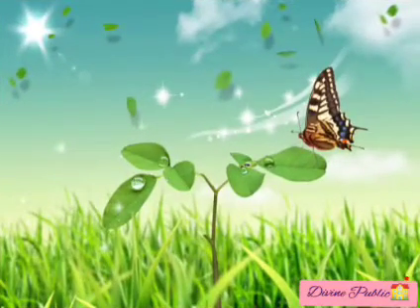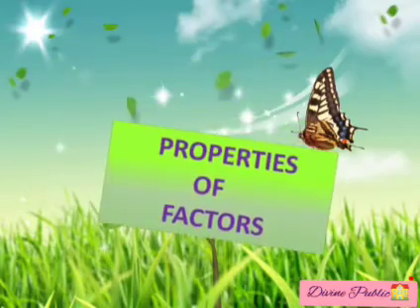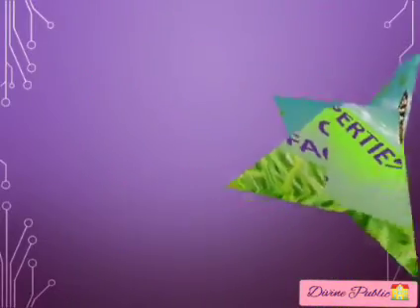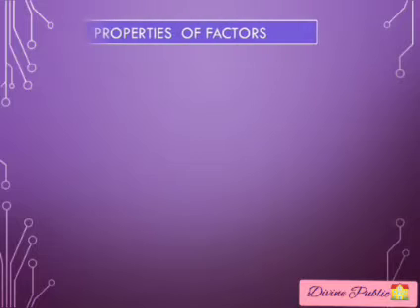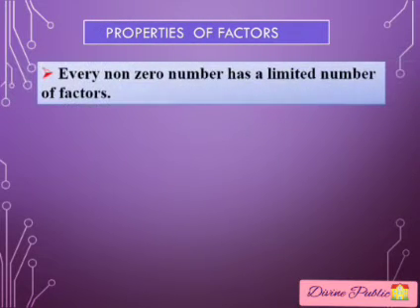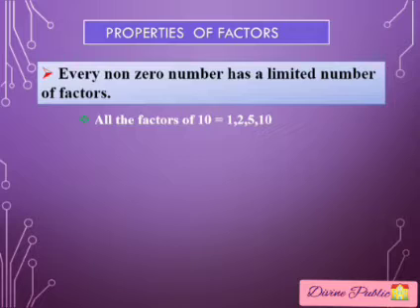Now move to our next topic, properties of factors. First, every non-zero number has a limited number of factors. For example, all the factors of 10 are 1, 2, 5 and 10.